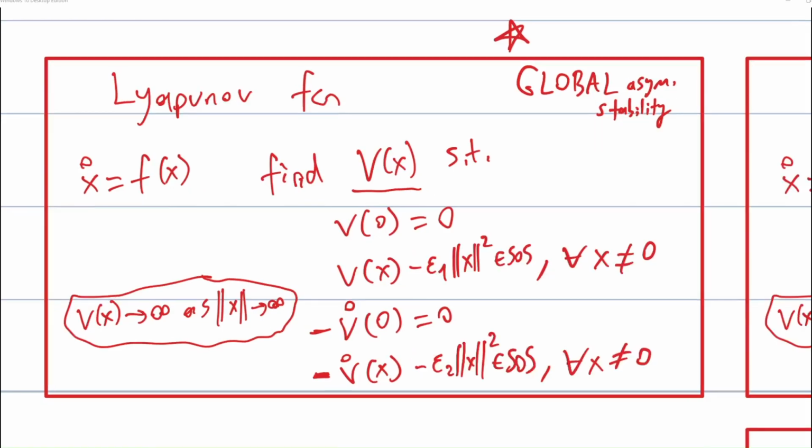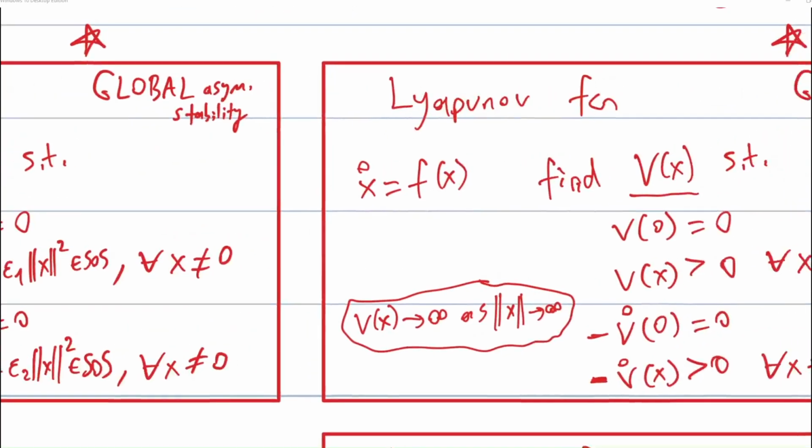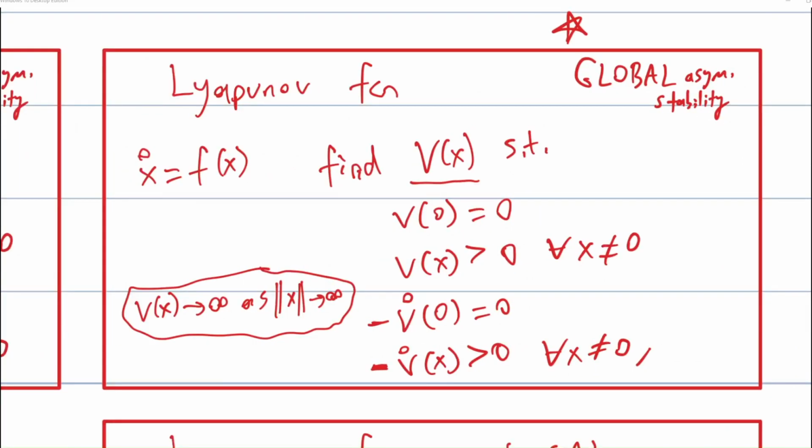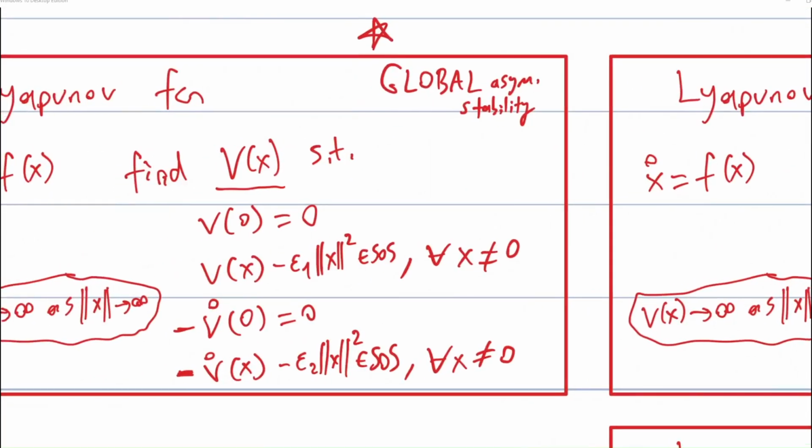Moving on. First of all, this is our original problem. V of x being positive, we will change that by this expression. Whenever you see positive, we will almost always change that with some type of SOS constraint.